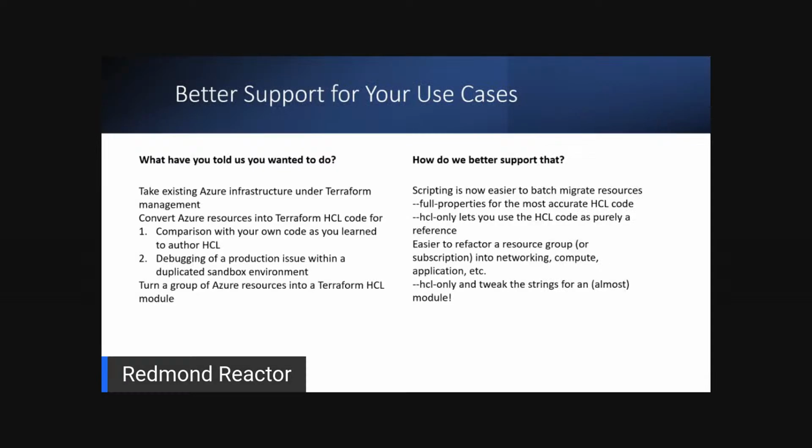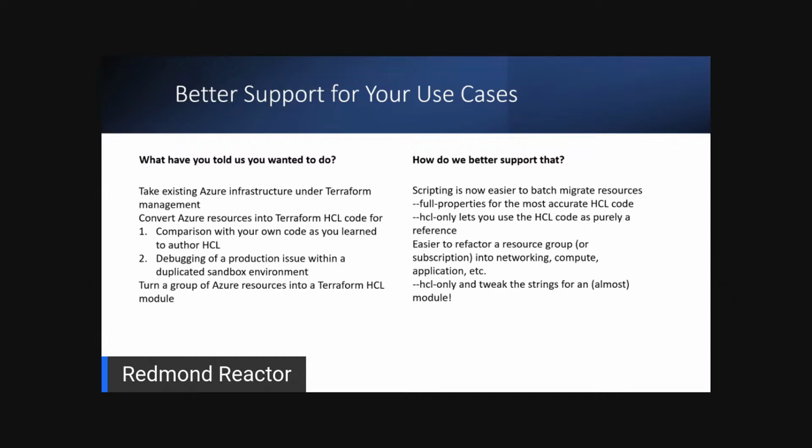All right. So now we have better support for your use cases. How have we exactly done that? Well, I just showed you that we can now use some scripting to batch migrate your resources. Full properties gets you accurate HCL code, and HCL only lets you feel enabled to use your HCL code as purely a reference.